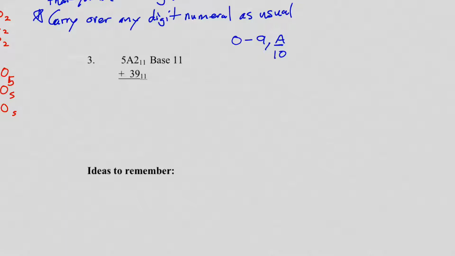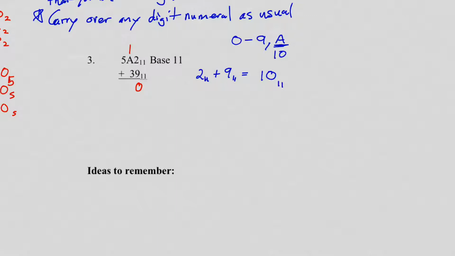So let's take a look at the first column. 2 plus 9 is 11. Well, we're in base 11, so that actually makes one set of 11, and there's nothing left over. So we're going to put the 0 right here, carry the 1.